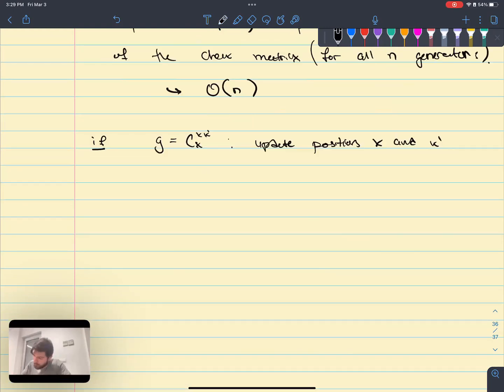So we just need to update those positions. So we still have something that's of order n complexity, meaning roughly the number of steps you need to do.